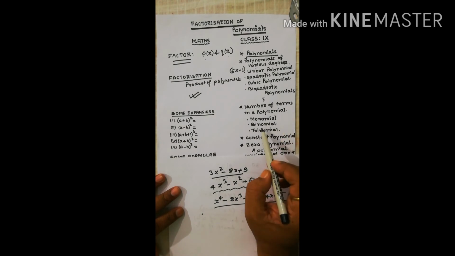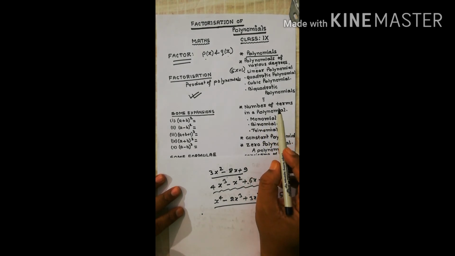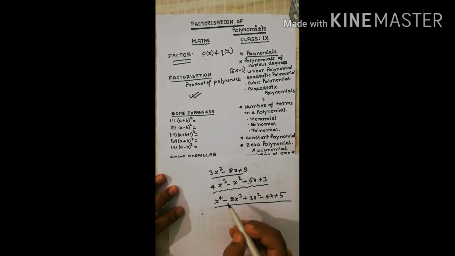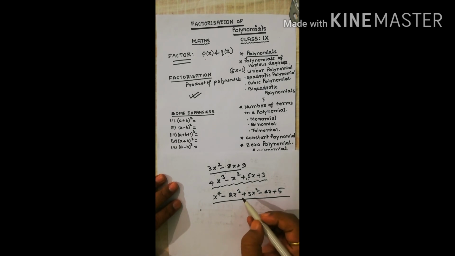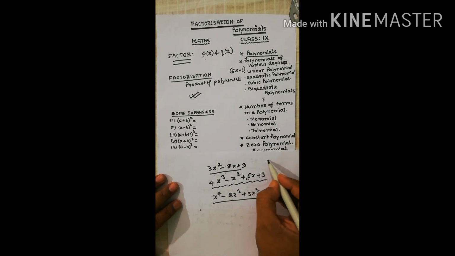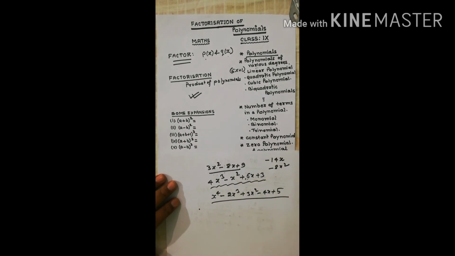taking the number of terms in a polynomial, we can give its names. Monomial. What is monomial? A polynomial containing one term is called a monomial. For example, minus 14x, minus 8x square. These are monomials.